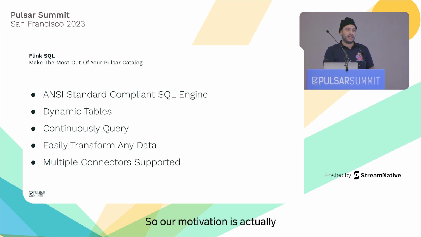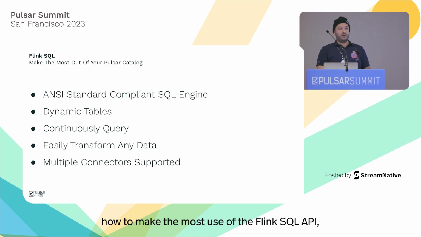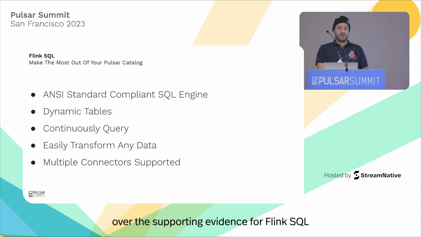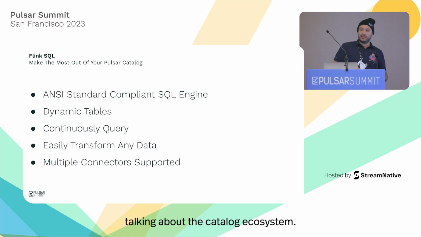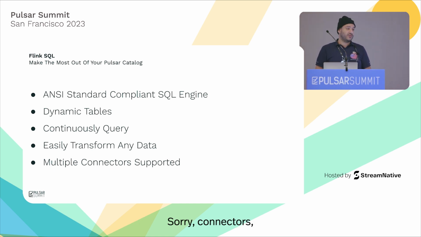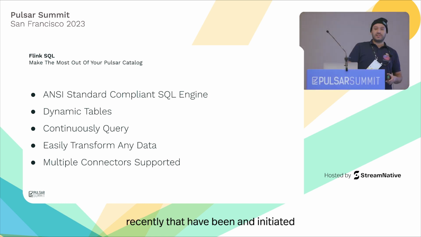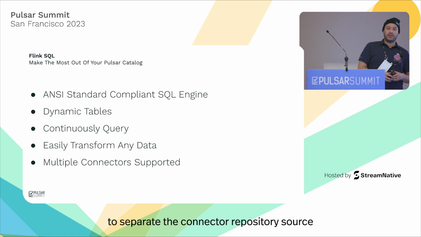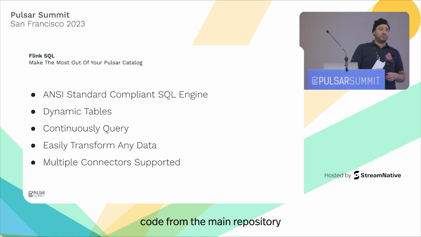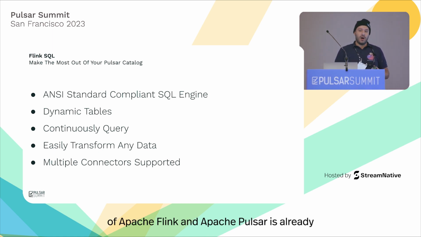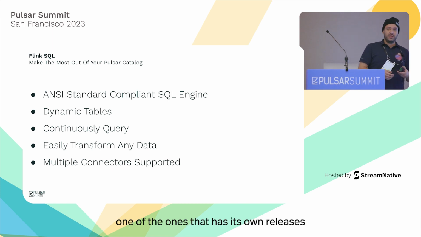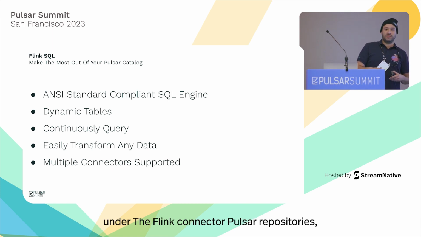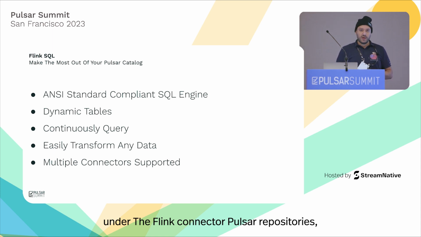Okay, so our motivation is actually how to make the most use of the Flink SQL API. Multiple connectors are already supported within Flink SQL. Talking about the catalog and connectors ecosystem of Apache Flink, recently there has been an initiative to separate the connector source code from the main repository of Apache Flink, and Apache Pulsar is already one of the ones that has its own releases under the Flink connector Pulsar repository.